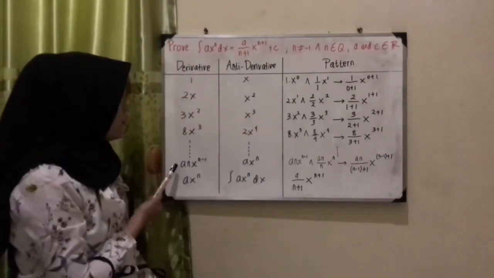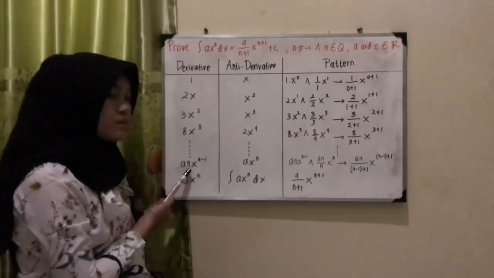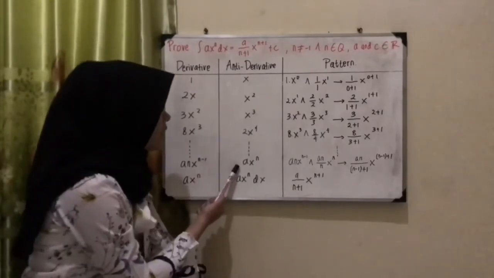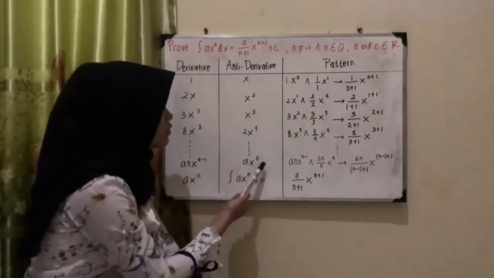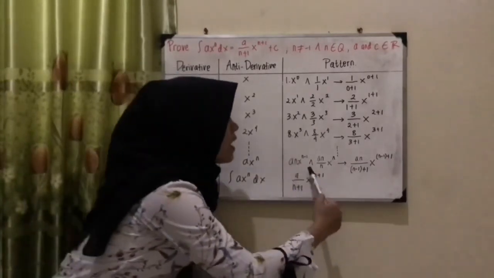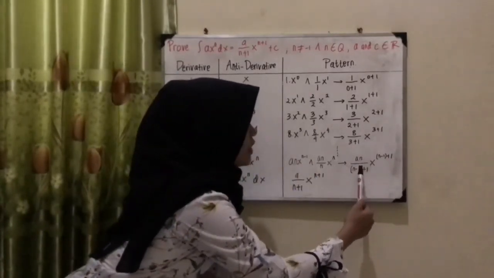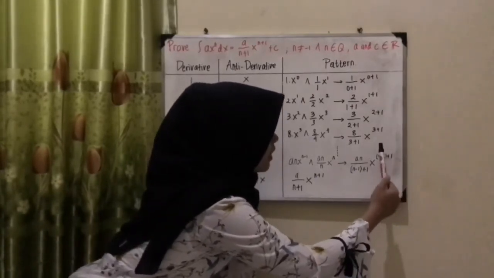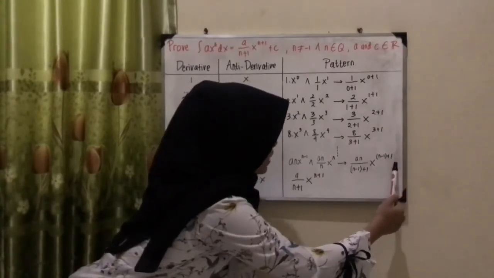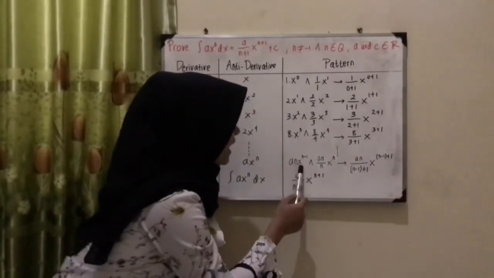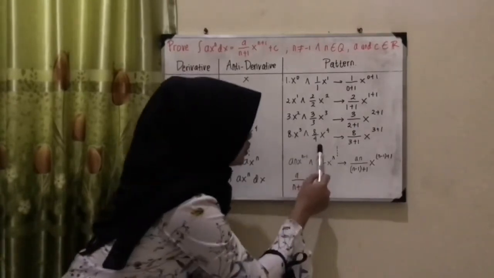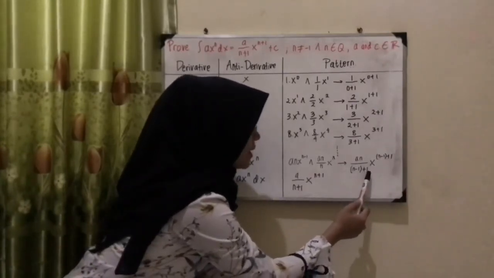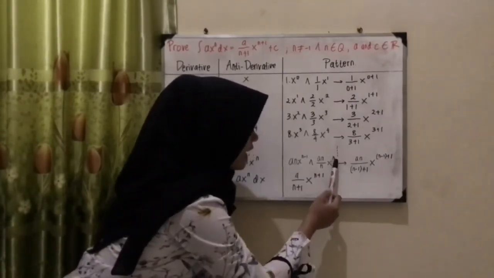And then if the derivative function is a times n times x to the power of n minus 1, and the antiderivative is a x to the power of n, we can write the pattern a n over n minus 1 plus 1 times x to the power of n minus 1 plus 1. You can see that a n changes to n, so n minus 1 plus 1 is n.